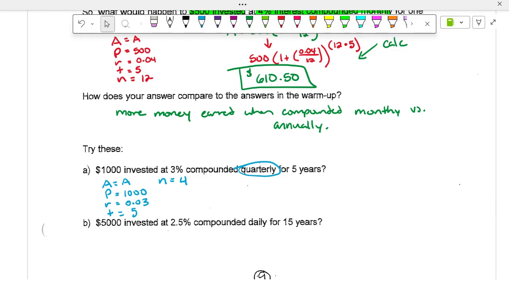All right, take a minute, plug it into the formula. You don't need to put it in your calculator. I just want you to plug it into the formula. So we already got the variables defined, so I just want you to take a minute and plug that into the formula.